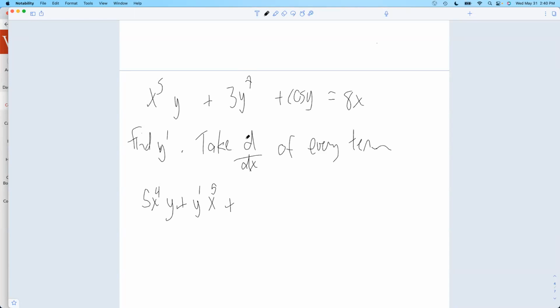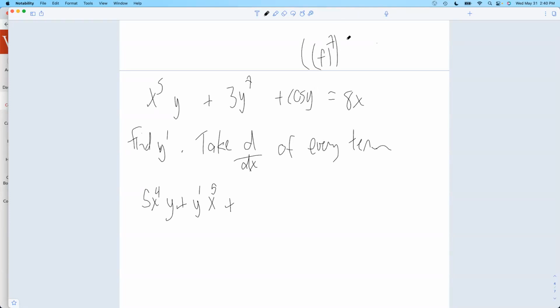Y is a function. Maybe I think students would get implicit differentiation better if we just carried around f of x everywhere instead of writing y. But then it just gets so messy. Y really is f of x. That's 3 times some function to the 7th power. So when I do power rule here, I have to do chain rule. I've got some function raised to the 7th.